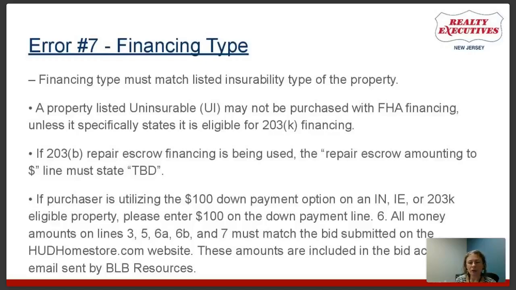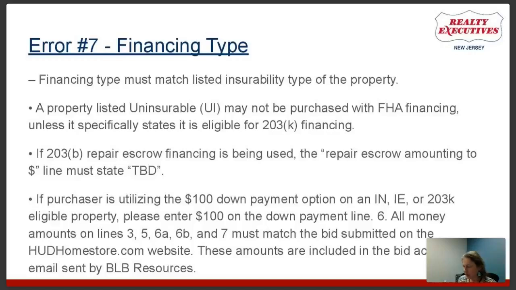It could be purchased with cash, or it could be purchased with a conventional loan or a renovation loan, 203K financing. If it's a 203B repair escrow financing that will be used, then the amount has to be included in the line or the letters TBD, to be determined, because you may not know what will be the required repairs and the cost of that up front.